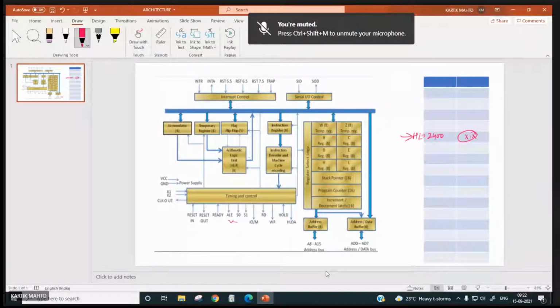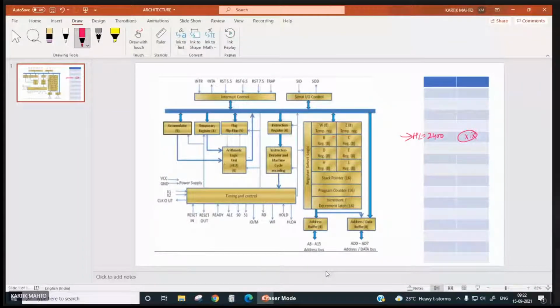Now, whenever this type of instruction is being executed, first of all, the lower bytes of the 16-bit registers will be copied to temporary and accumulator, and then the result will be stored back in the L register. During this, if carry is generated, it will be marked over here, and when the higher order bytes are added, that time if the carry flag is there, then it will also be added.